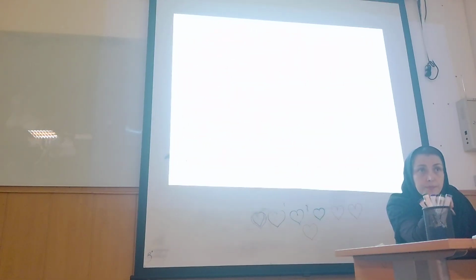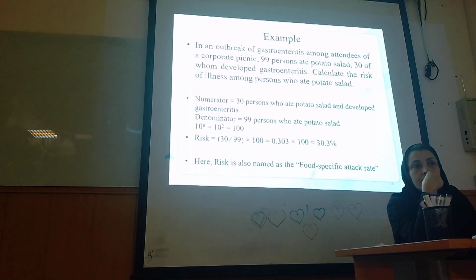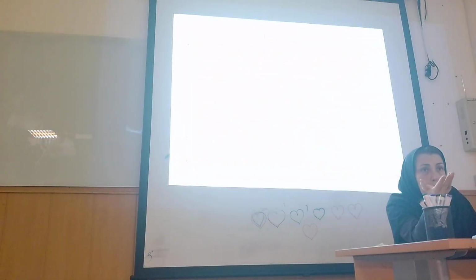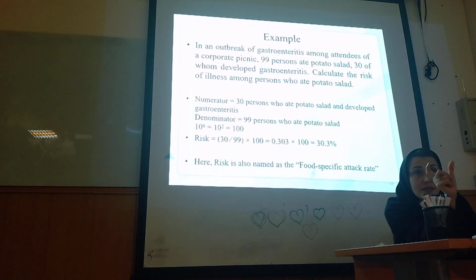Even you told about here. I told you that it is a kind of wrong annotation. Not about that. I'm saying about this example. Food specific attack rate is right. Why? Because we are not framing the time here. Yes, we have time, but the time is very short.